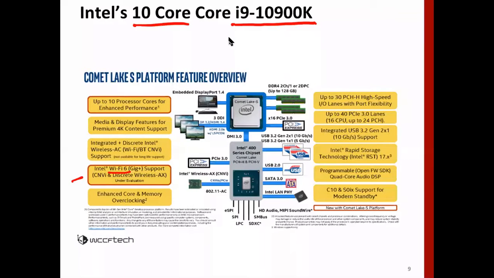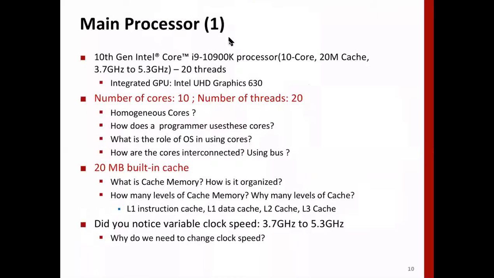All other things are okay. We'll discuss USB 3.2, which is also the latest. The main thing to remember is that it has 10 core technology. So the number of cores is 10 and the number of threads is 20. You will study in the OS class what threads are. At this point in time, you can think a thread is a lightweight version of a process.